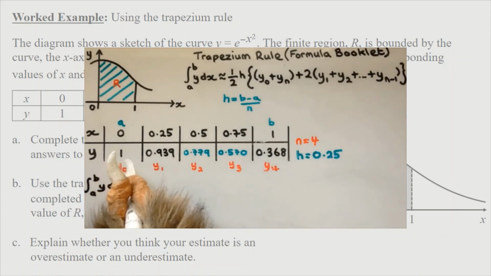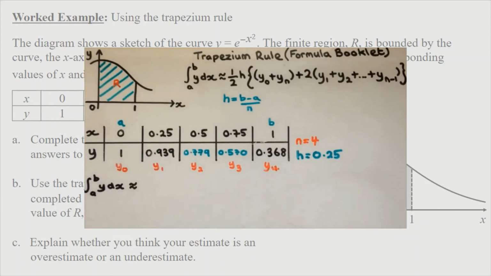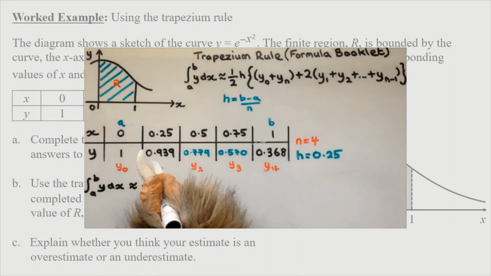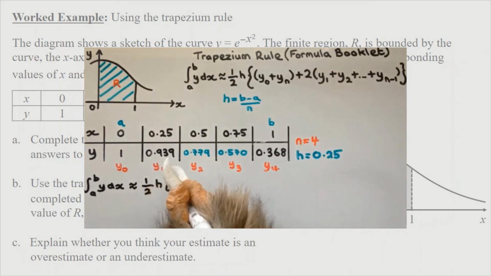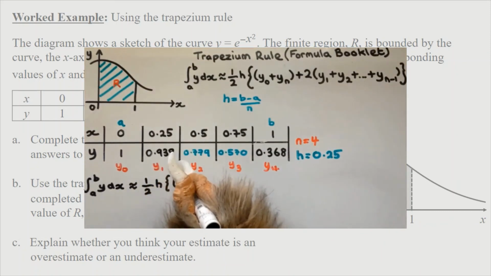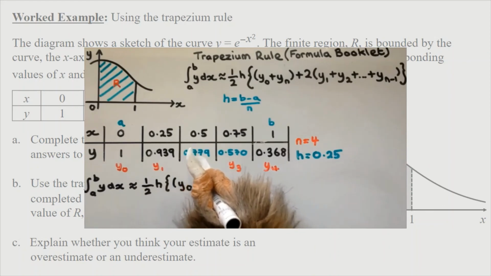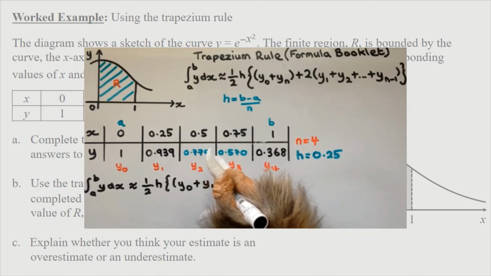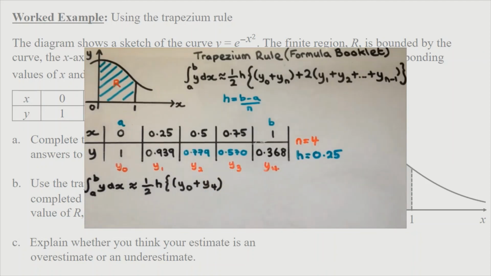dx is approximately the same as, I'm not going to substitute anything in other than the n, just to show you how this works. So that's going to be 1/2 of h, large bracket. Now remember, y0 goes in first, plus yn. Now n is 4, so I'm going to put y4 in there, and that means those are the two values that only appear once, and they're on the outside because it's the lower limit and the upper limit evaluated in the function.